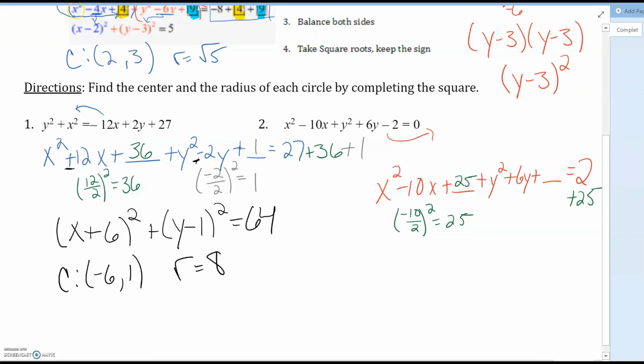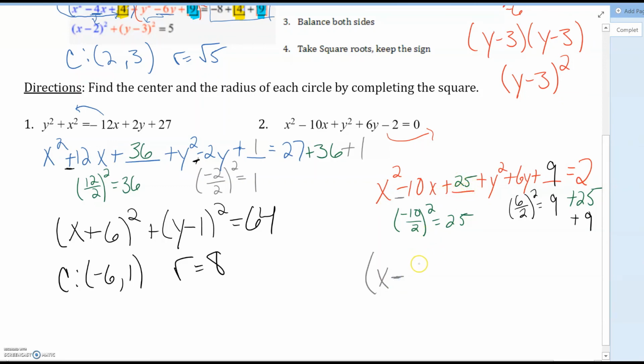And you can pause these at any time. Here I can take 6 divided by 2 and square it, which would be 9. Add 9 on the right side. Final answer: bring down the x, bring down the sign.